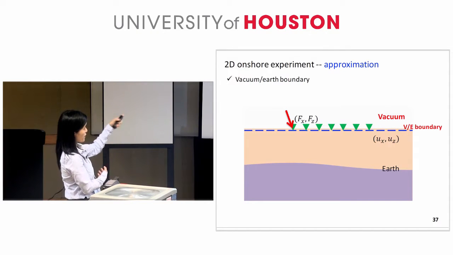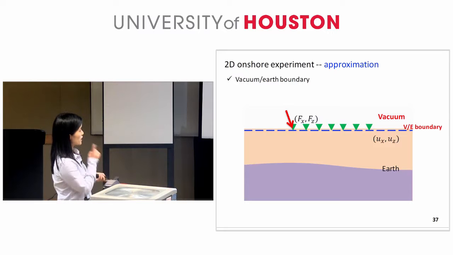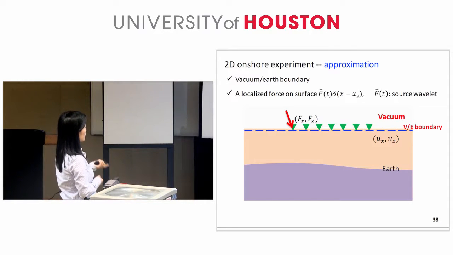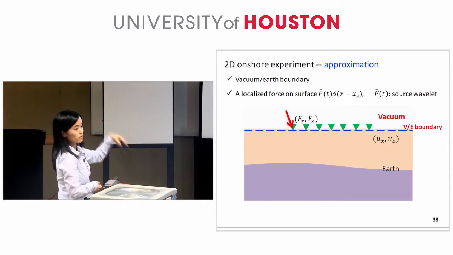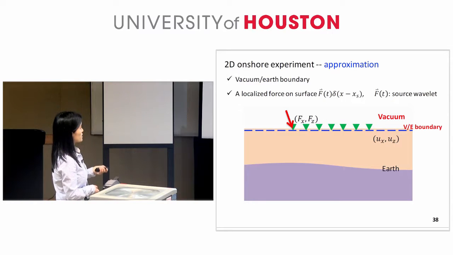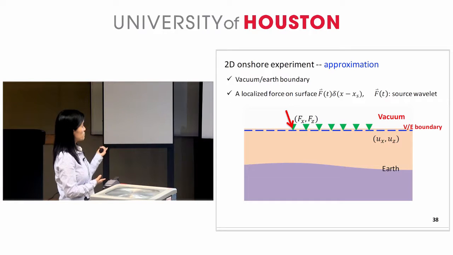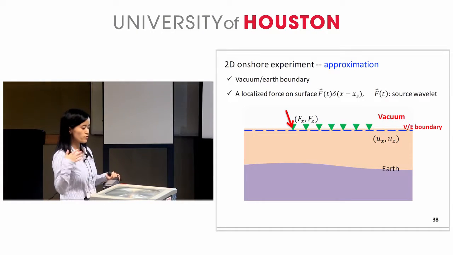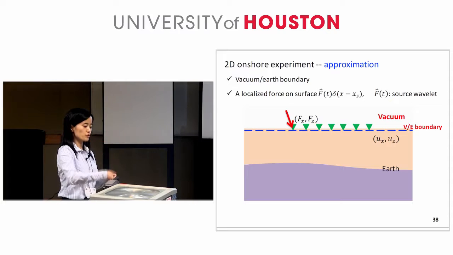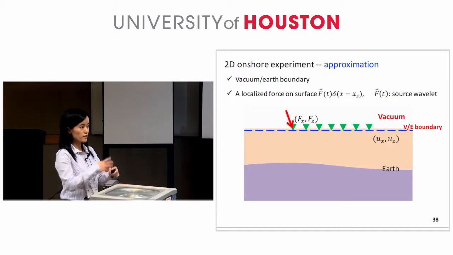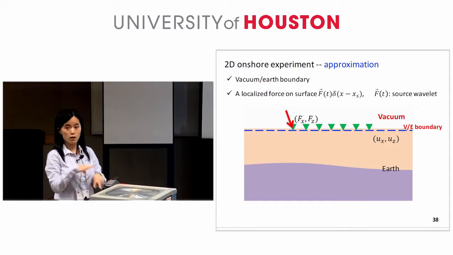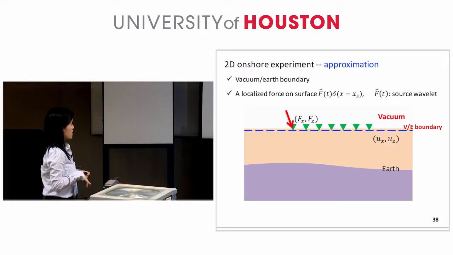Thereby now you have the vacuum Earth model here, and besides, we assume this external force is local, and it can be expressed as a time function times a spatial delta function. And f of t can also be called the source wavelet. So this is a very reasonable approximation, because when you use the vibroseis truck to produce the force energy, it's very local in comparison with the whole exploration region.